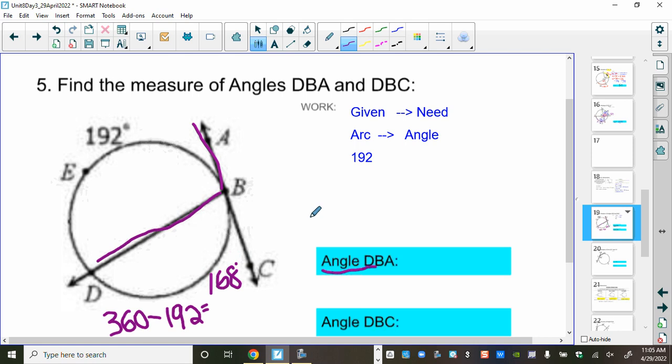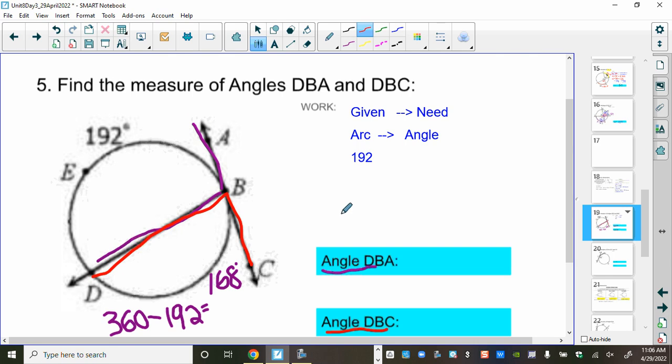All right, so now, can we find our angle measurements? Yeah, probably. How about definitely? So if we want this first angle, DBA, which number are we going to divide by 2?